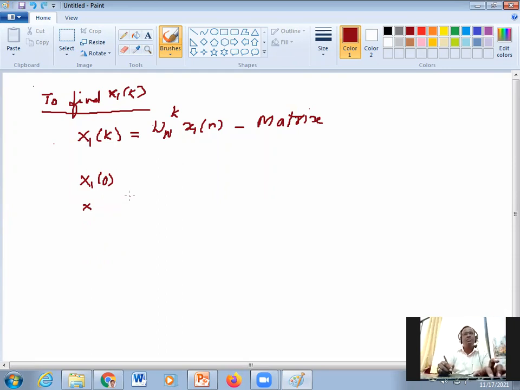How are we writing the matrix for this? As it is a 4 point, we will write the matrix for 4 point.